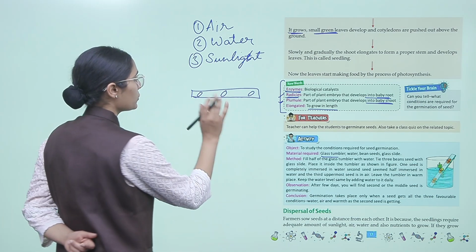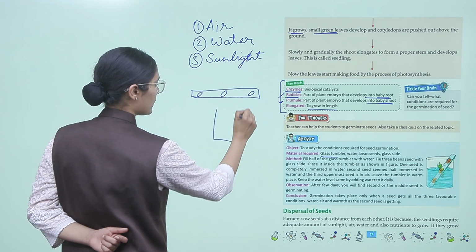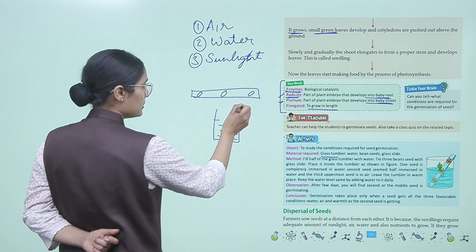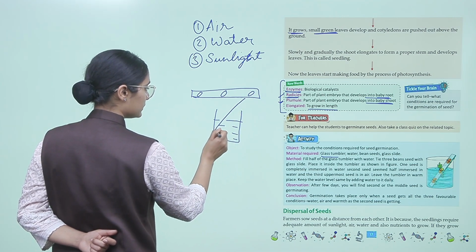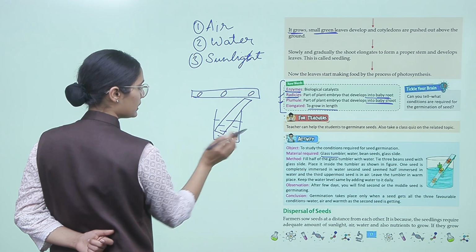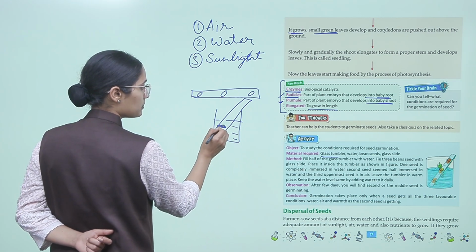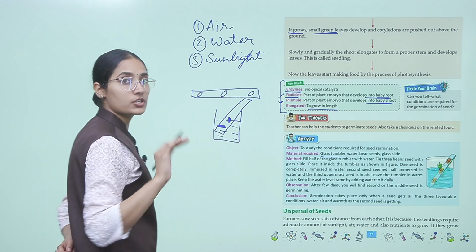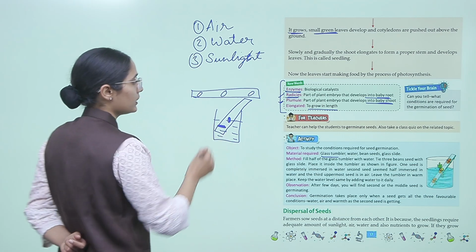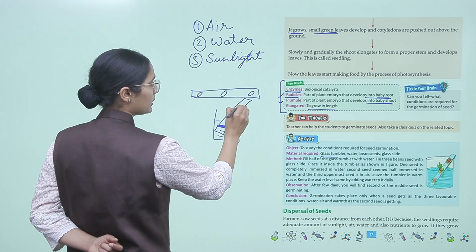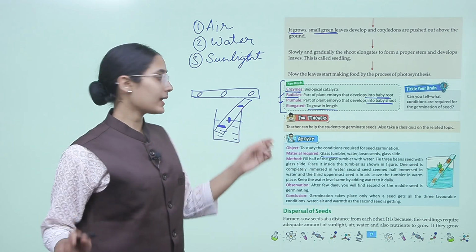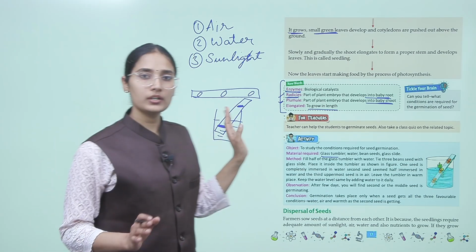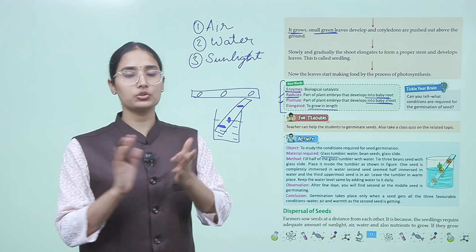Now, what you have to do is take a glass tumbler, fill it with water, and carefully place this slide such that one seed is completely immersed in it, the second seed is half immersed and half above the water, and the third seed is completely in the air. There is no contact of the third seed with the water. And you have to keep it like this for a few days, let's say 2-3 days.